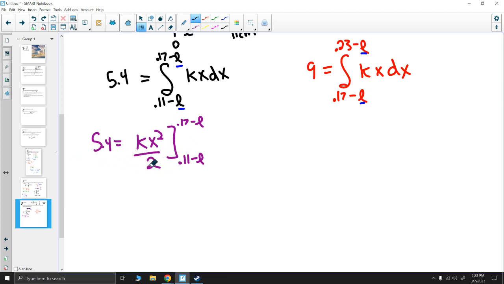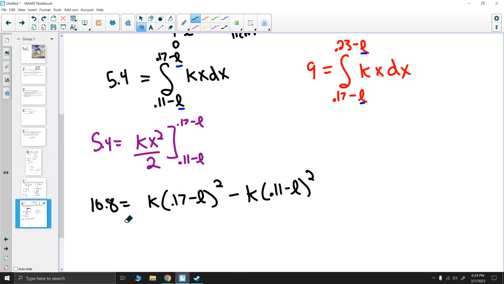We're going to want to move this away just to make our lives a little bit better. I'm going to multiply both sides by this 2, and that will give us 10.8 is equal to k times (0.17 minus L) squared minus k times (0.11 minus L) squared. That's what this thing here is.